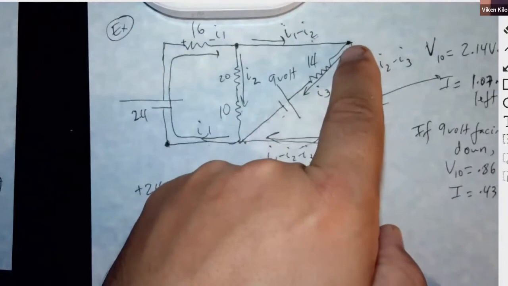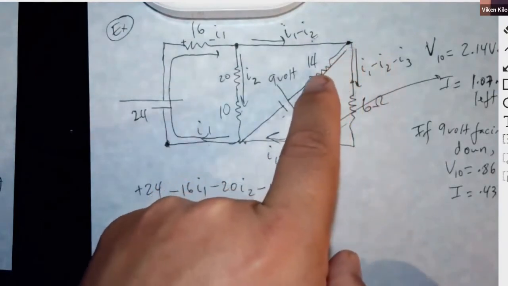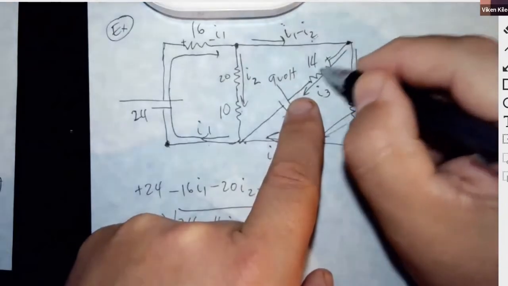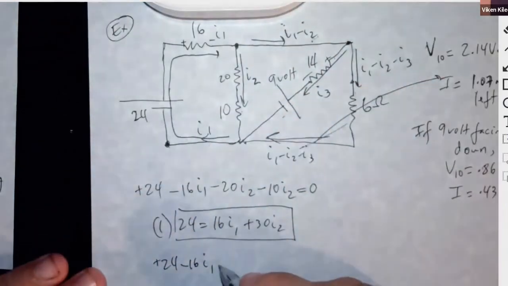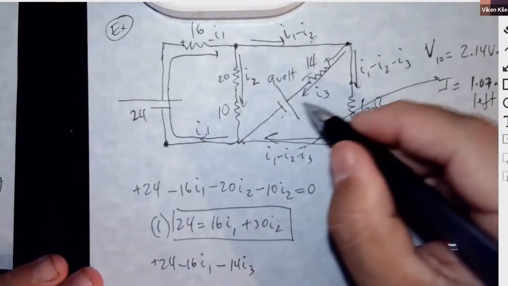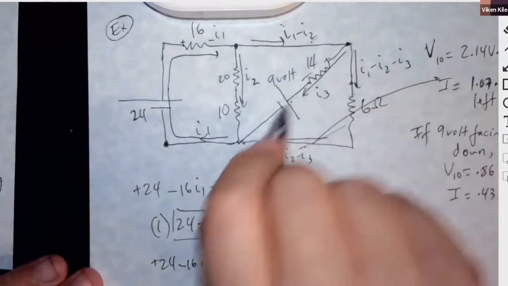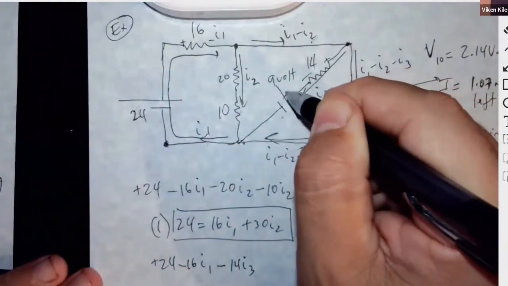Then you go down. You go down with the current, so you lose voltage, right? Positive, negative. So you're losing voltage. So negative 14 I3. And then for the battery, if the battery is facing up that way, then the plus is here, you see.